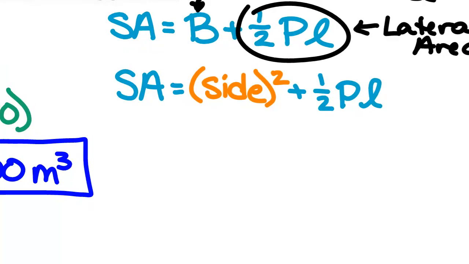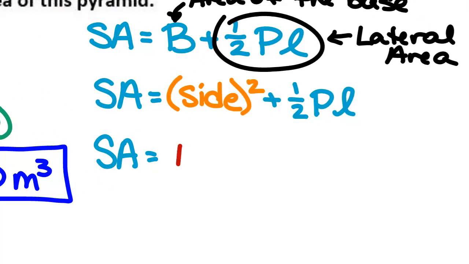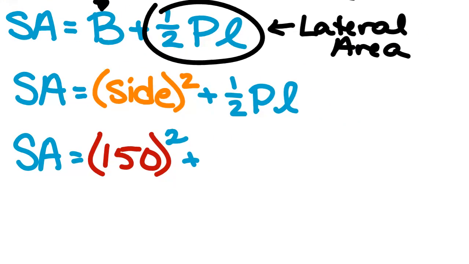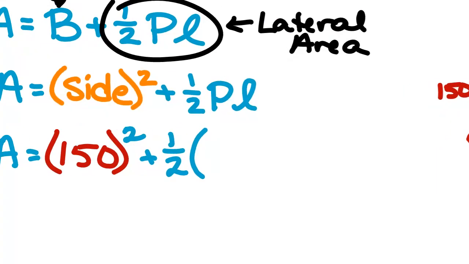All right, so let's plug this stuff in. So surface area is equal to side squared. How big is the side of the base? 150. So I have 150 squared for the area of the base, plus 1/2 times the perimeter. How would I calculate the perimeter of that base? We're going to add 150 4 times.